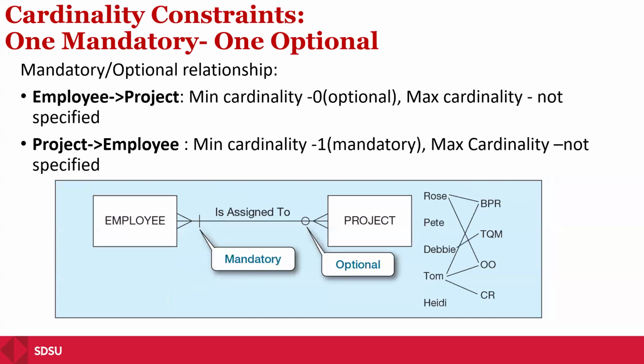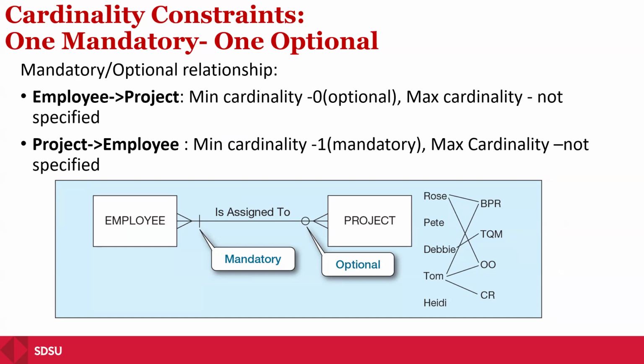All right. So let's look at another example of cardinality constraints where we have one mandatory and one optional relationship. So employee to project. The minimum cardinality is 0, and max cardinality is not specified, but it's many. So an employee can work on multiple projects, but an employee doesn't have to work on a project at all because the relationship is optional.